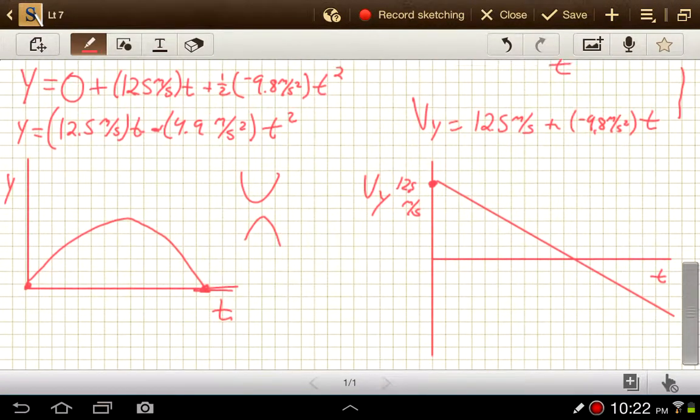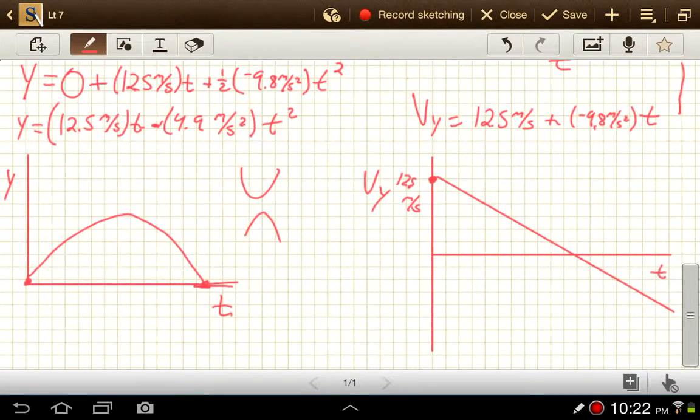And then last up, our y velocity as a function of time is going to be another straight line. It may not start at 0, and that's fine, but it's going to be a straight line with a positive slope if the acceleration is positive, or a negative slope if the acceleration is negative, like this one is.